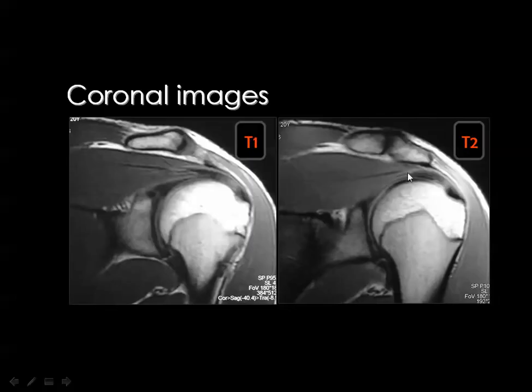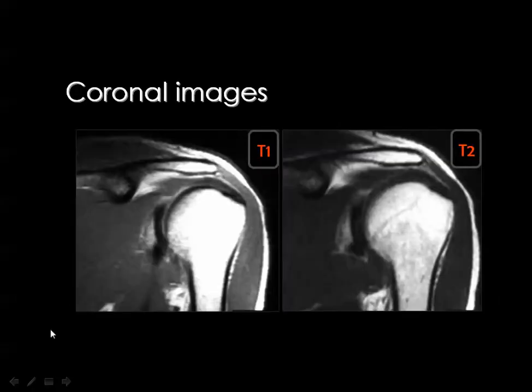And the supraspinatus tendon is this one, which inserts into the greater tuberosity. Then this is the acromioclavicular joint, and this is the supraspinatus muscle, and this is the supraspinatus tendon, and the outside muscle is the deltoid, of course, you know.